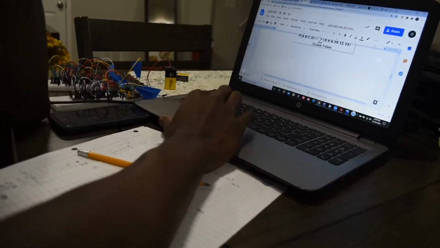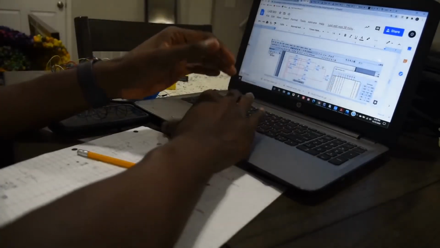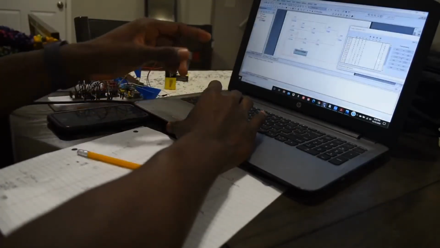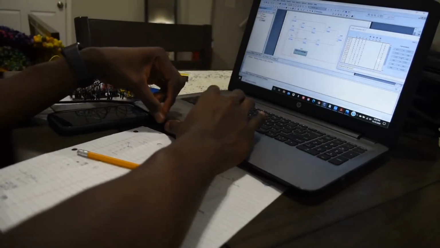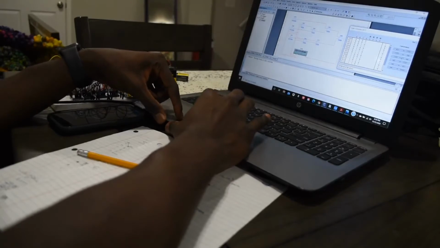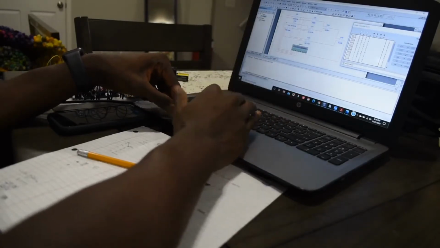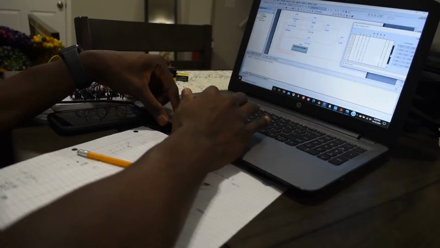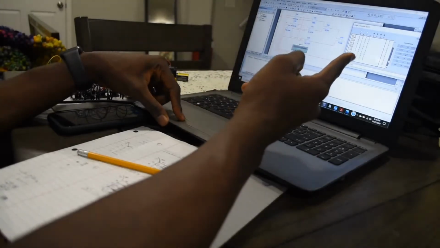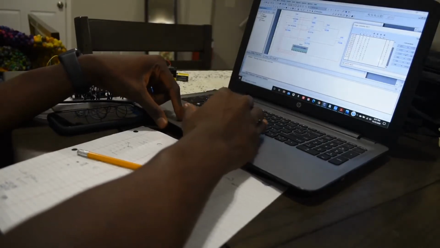After that, we move forward to putting it on Multisim. This is my Multisim right here. I was able to draw my circuits on Multisim. This is my minterms, and I see right here that the truth table has the same results.